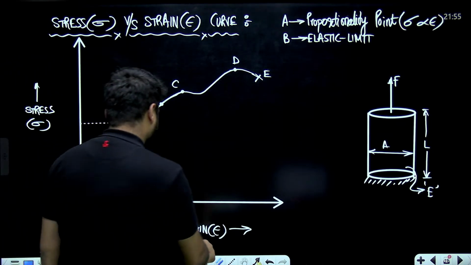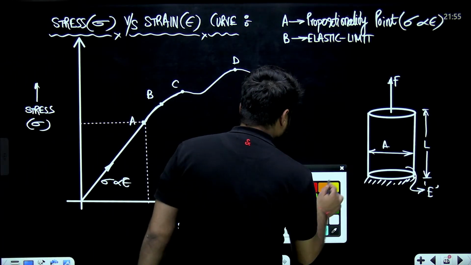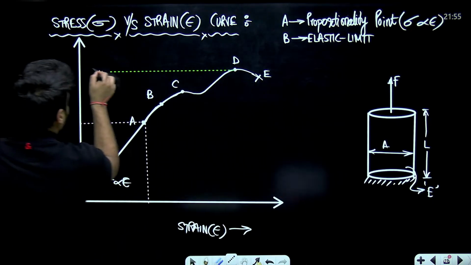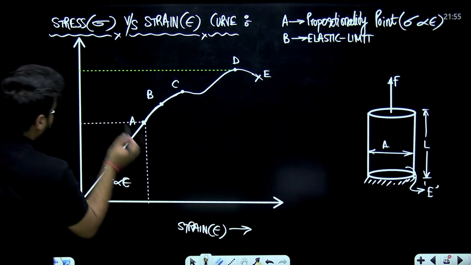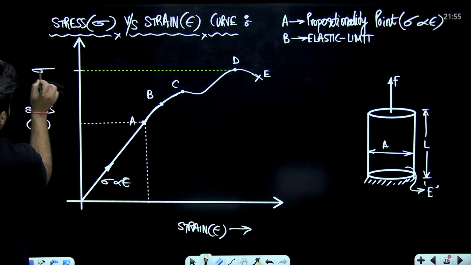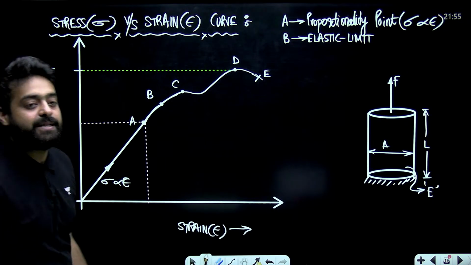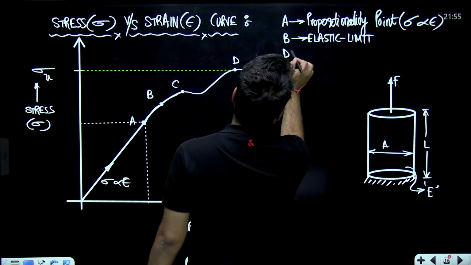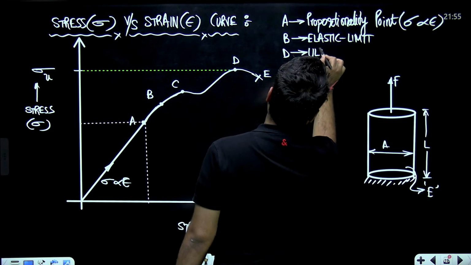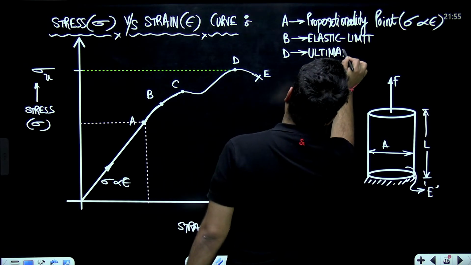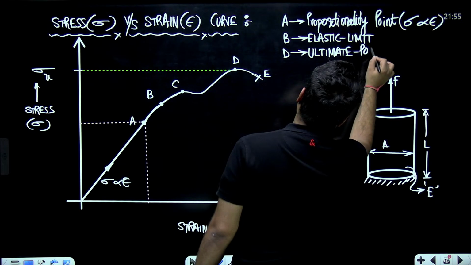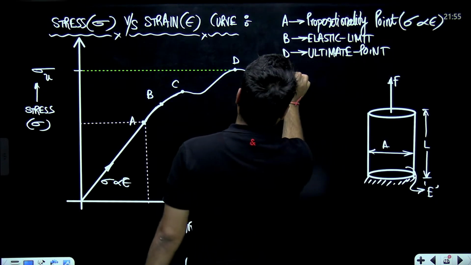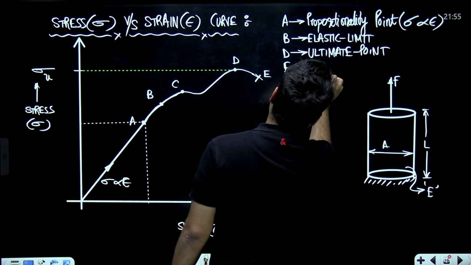Okay, what is the D point? The D point is where you will get the ultimate stress, the maximum stress this material can bear. So the D point is the ultimate point. Whereas the E point is the fracture point.